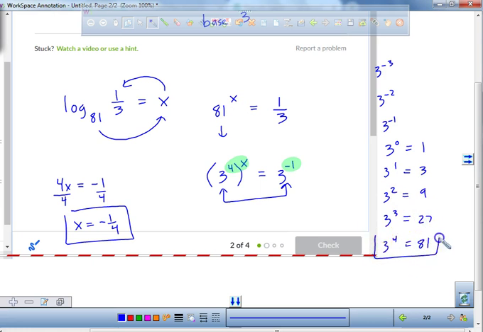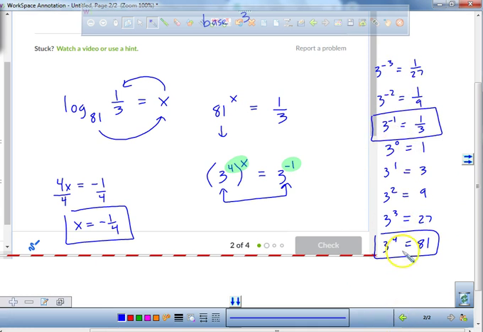So that's what I use to go from this to this. And then over here, 3 to the -1 is 1/3. 3 to the -2 is 1/9. 3 to the -3 would be 1/27. So that's why, what else did I use? I used that right there.